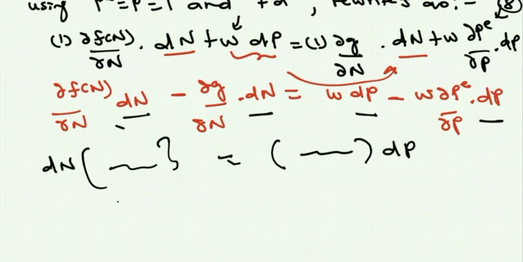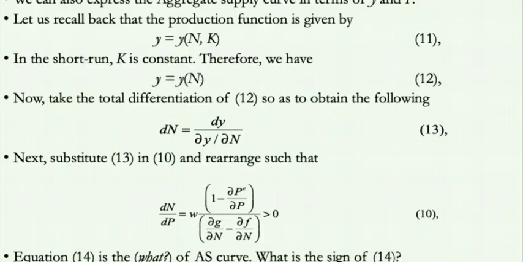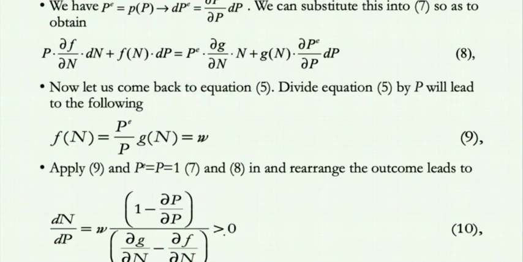You factorize it until you get something like this. dn over dp, okay, equals to what here? And then that must be equals to this answer. Look at this equation 10 here. Oh no, not equation 10, sorry. Equation 10 this. Okay, dn over dp. This is the correct one. However, we haven't finished.